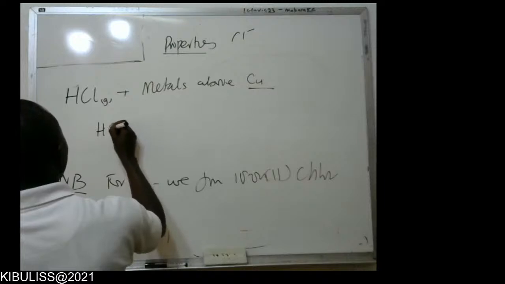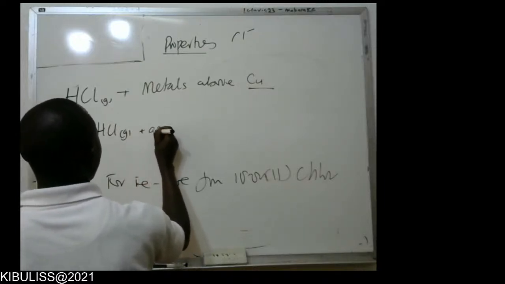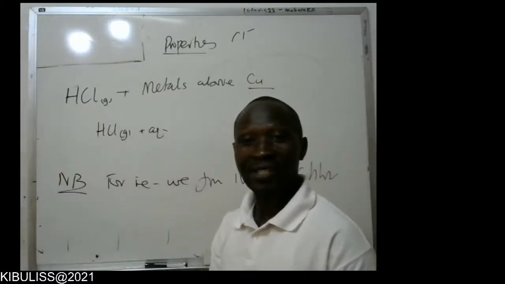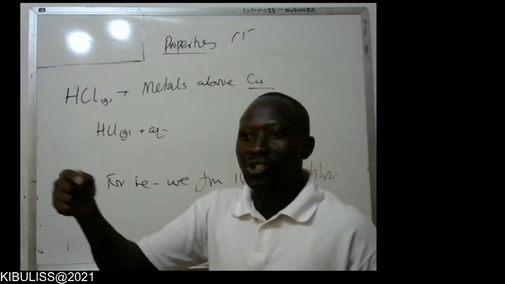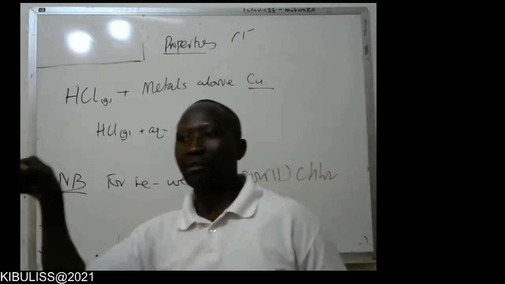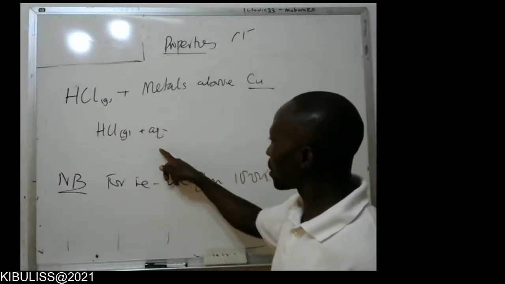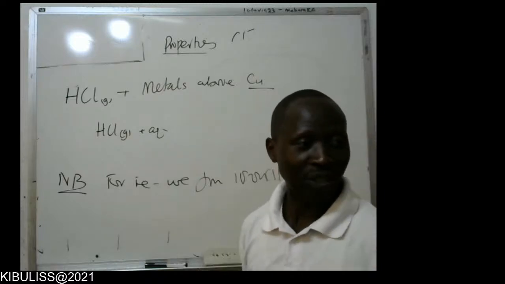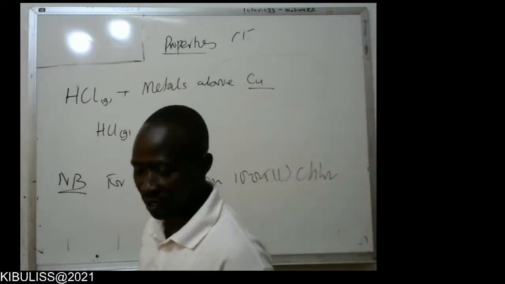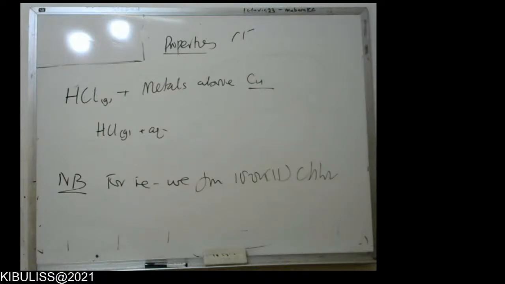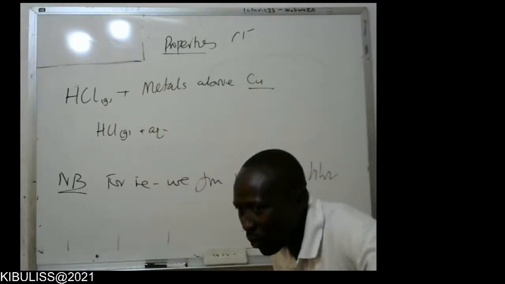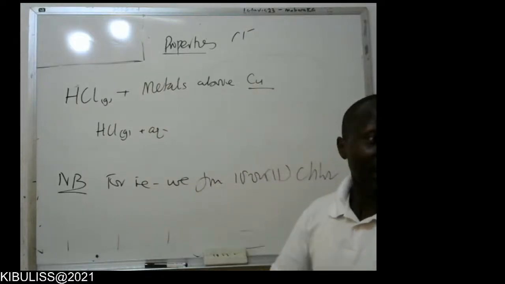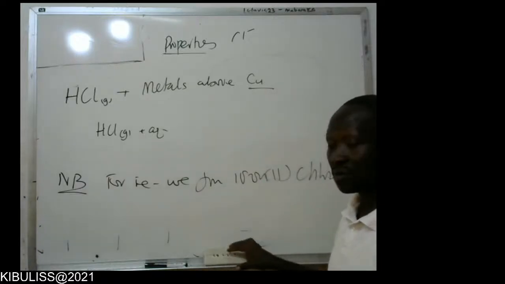So when I say hydrogen chloride gas plus aqueous, in chemistry the word aqueous means water. Sodium chloride aqueous means sodium chloride in water. So when you see the word plus aqueous, it means you are adding what? Water. Now it tends to become aqueous. So thank you for that. So that one is okay. So for iron, we form iron 2, but not iron what? 3. So from senior 2 chemistry, that one has been handled.